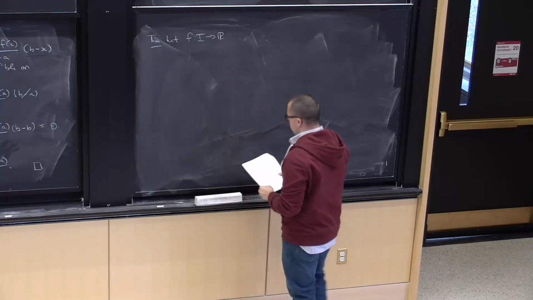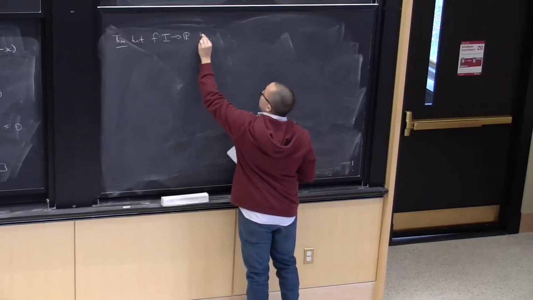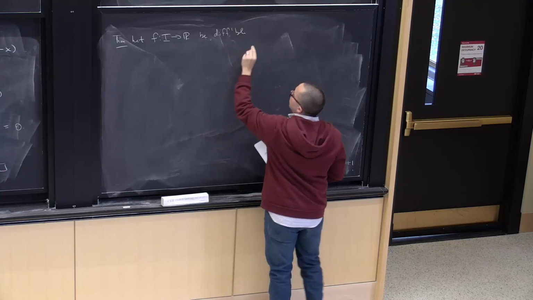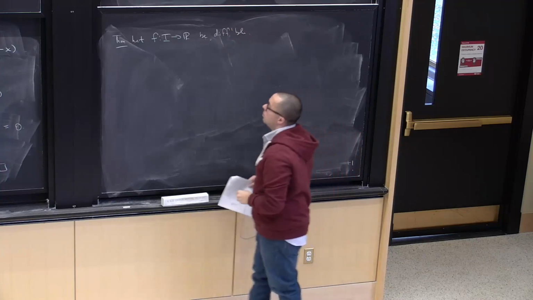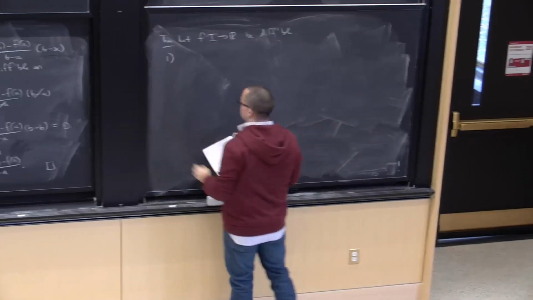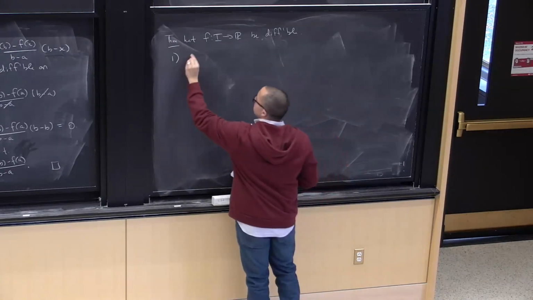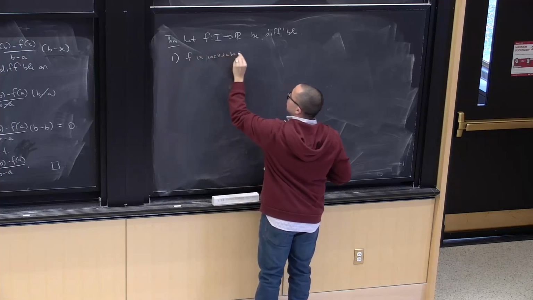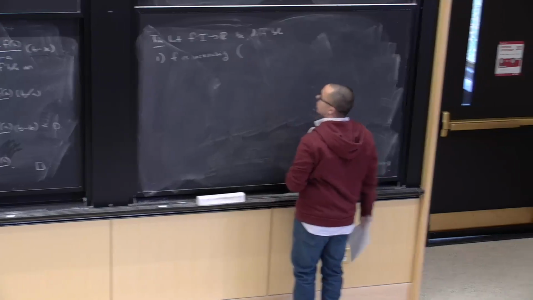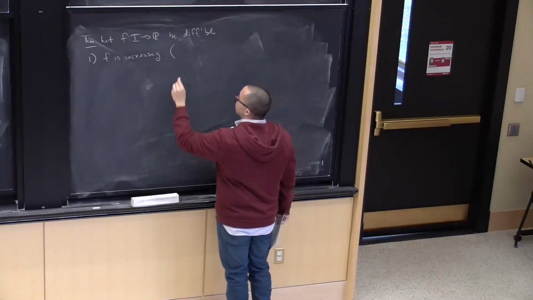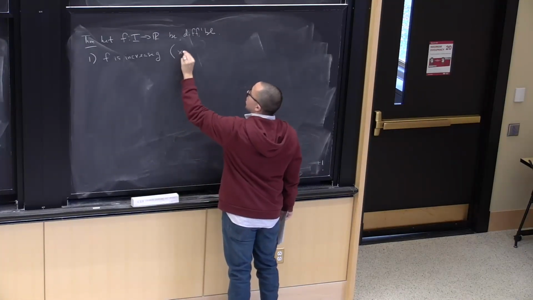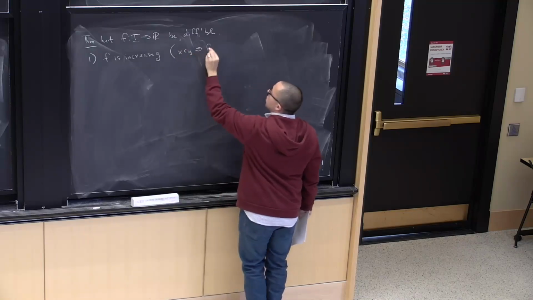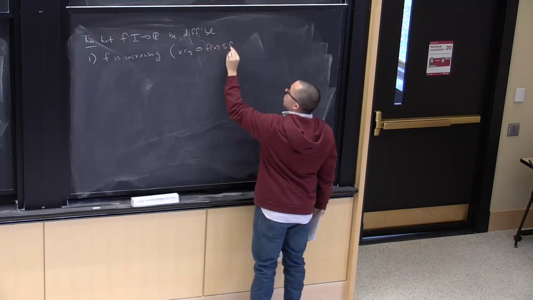Let f from I to R be differentiable, meaning it's differentiable at every point in the interval I. Then we have two conclusions. f is increasing, meaning, let me recall what that means for f to be increasing. That means that if x is less than y, this implies f of x is less than or equal to f of y.